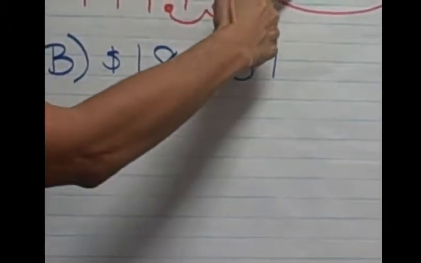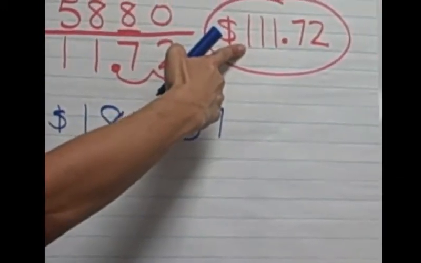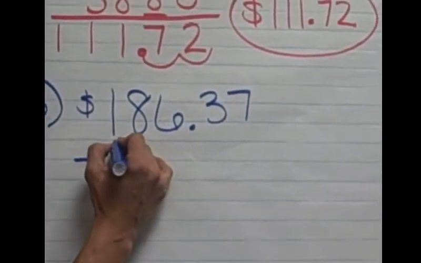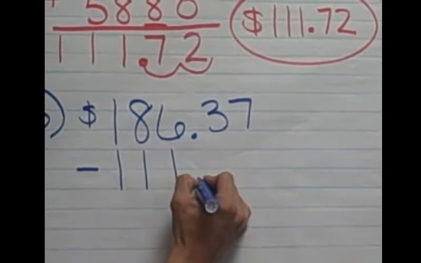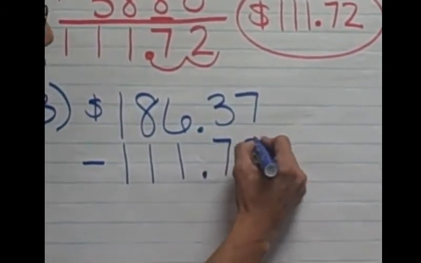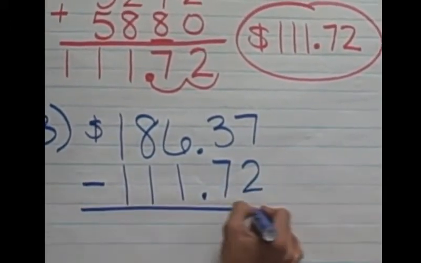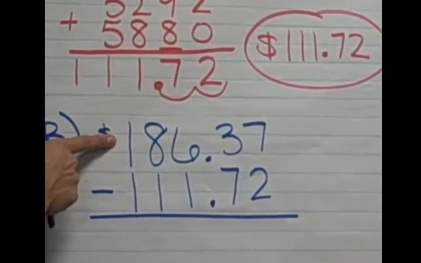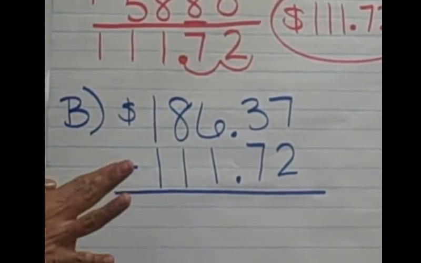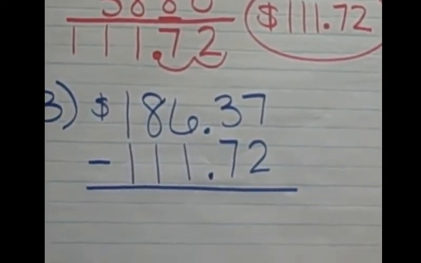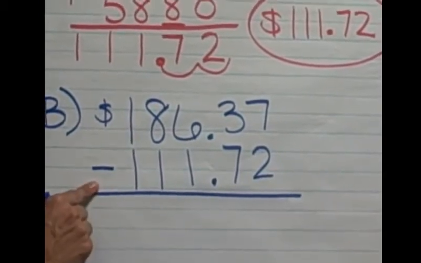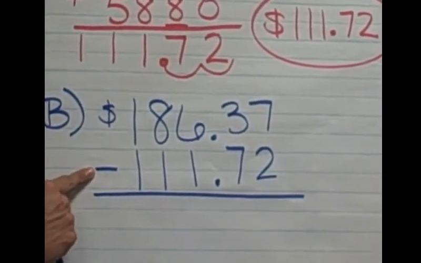Now, if I take away this money that I paid extra, we're going to end up subtracting that from the total amount. So we're going to take away the $111.72 from the total amount that I paid to see what my bill should have been without me making the mistake. So now we're reviewing the skill of subtracting decimals.